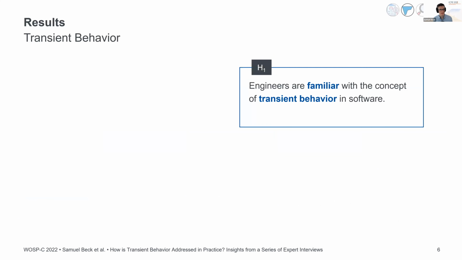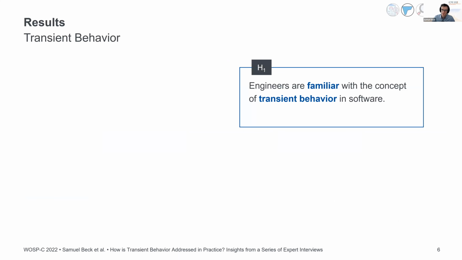That brings me to the results that we gathered during our interviews. Before we conducted them, we stated some hypotheses, and during the talk, I will discuss those hypotheses and whether or not we can reject or confirm them as far as that is possible with the small sample size.